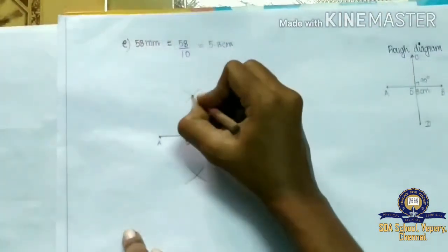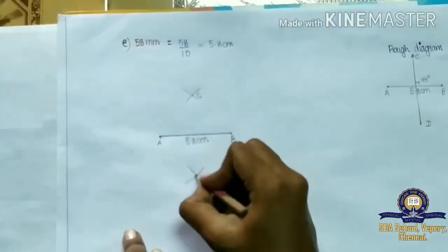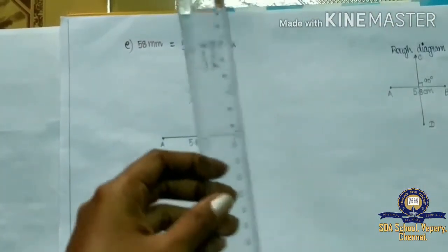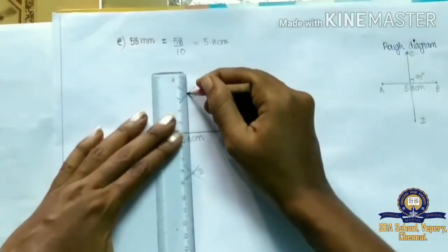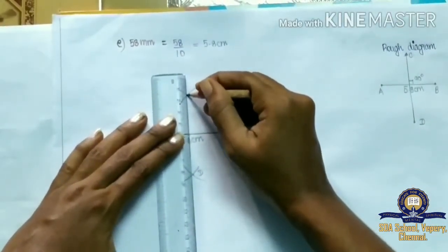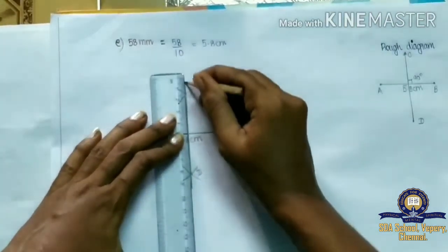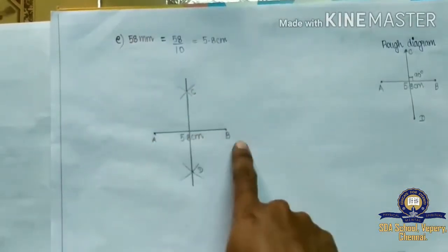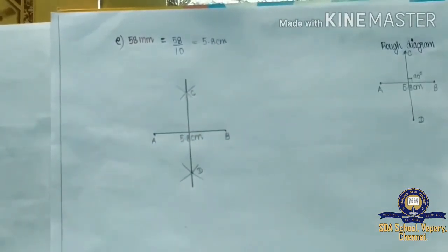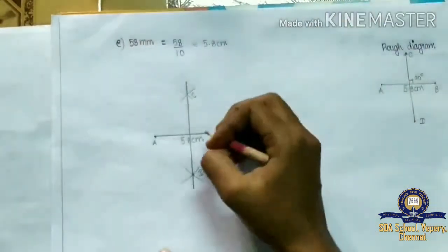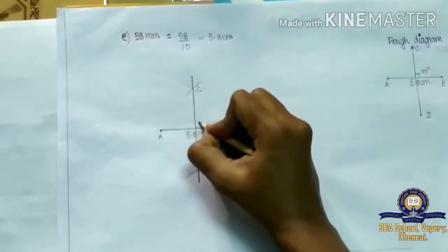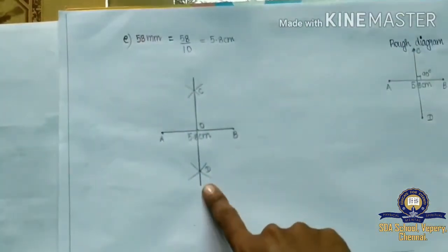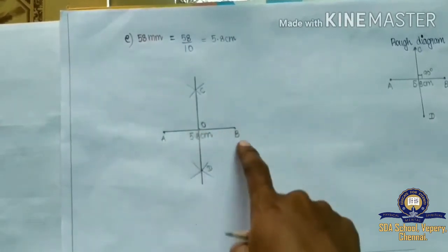And now the points are C and D. Now using scale, draw a line. So join the line CD. Now CD intersects the line segment AB. Now mark the point of intersection as O. Now CD is the required perpendicular bisector of AB.